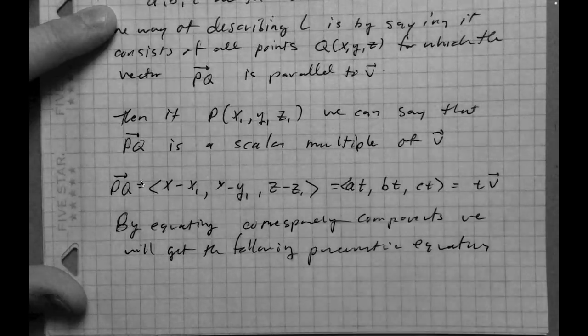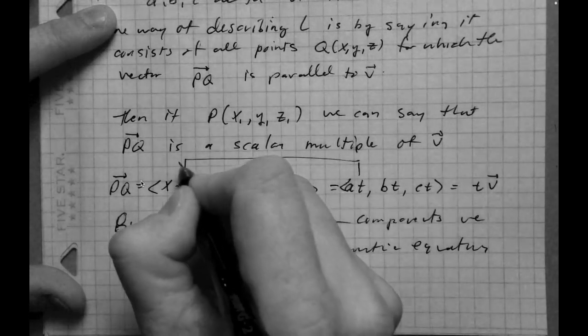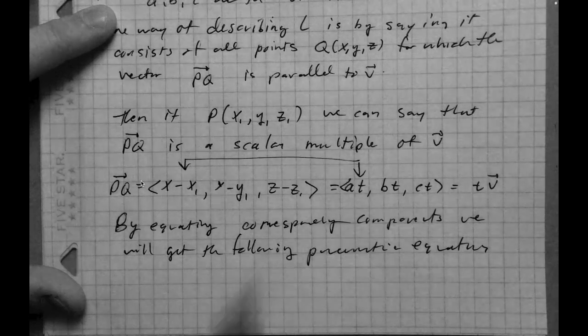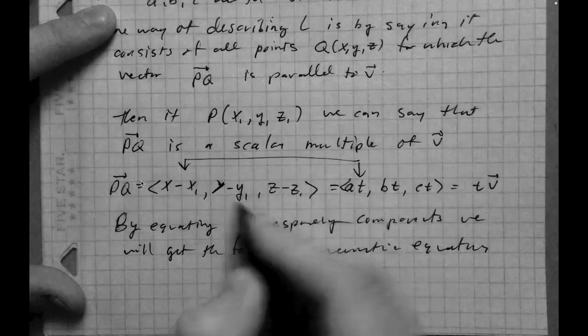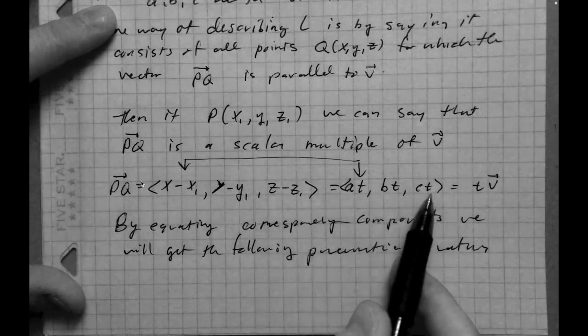What I mean by corresponding components are these here: x minus x1 is equal to at, y minus y1 is equal to bt, and z minus z1 is equal to ct.